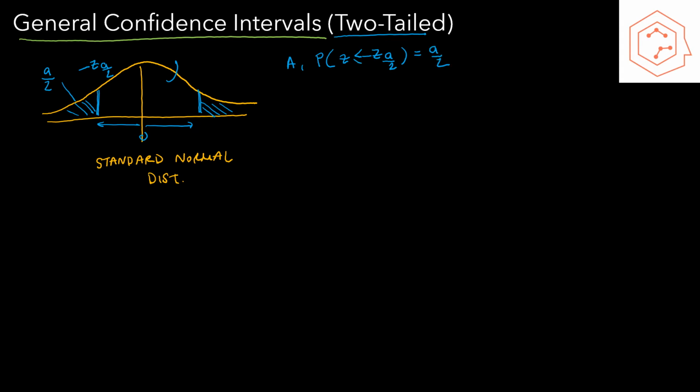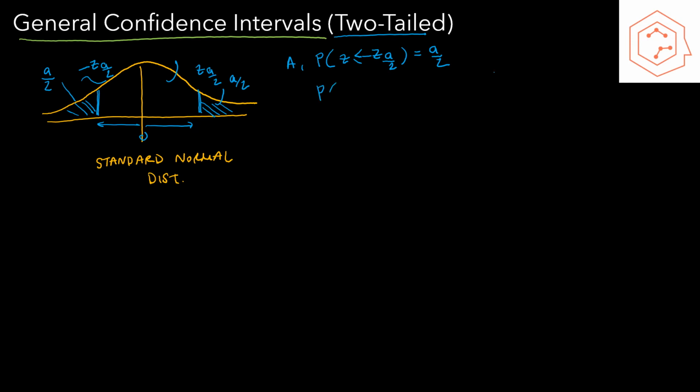In the same way, we're going to have another z value where the area above that z value, or the probability that we get another z value above this z value, is also A over 2. And it turns out that this z value is simply the positive version of our negative Z A over 2. So this is going to be positive Z A over 2.